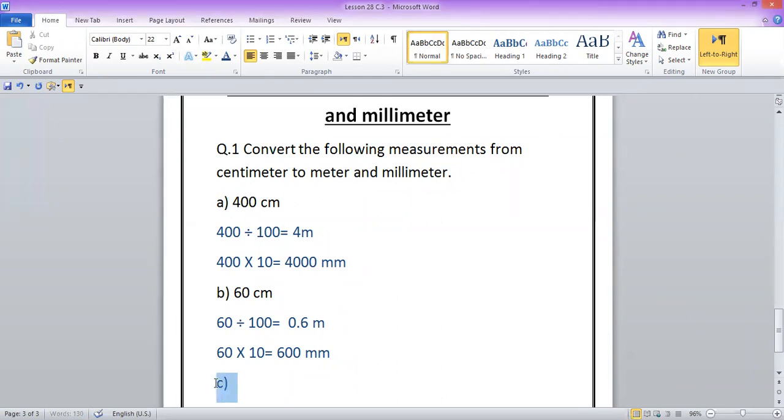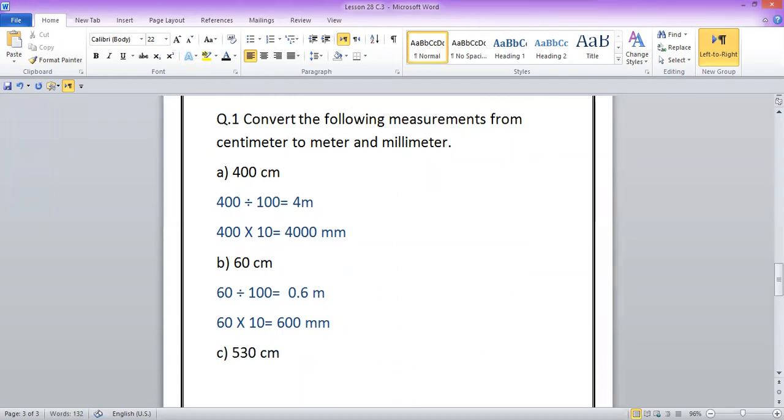Now see. Now we have to write about C. 530 centimeters.